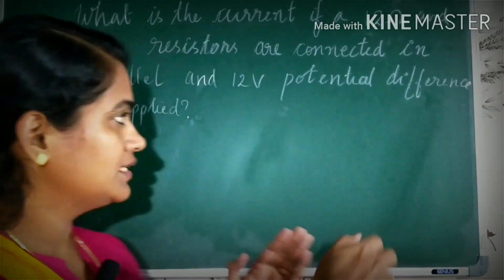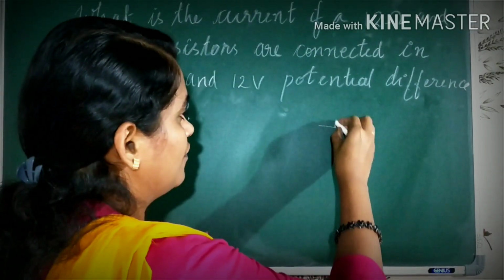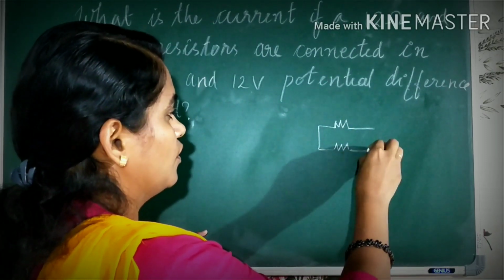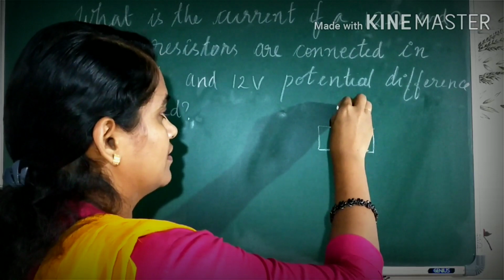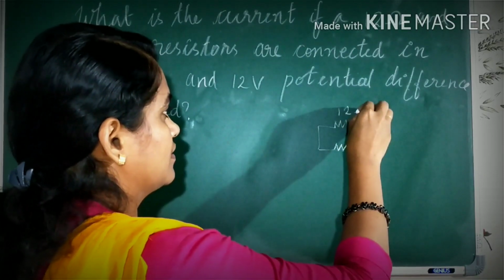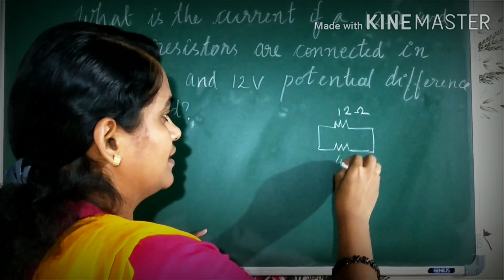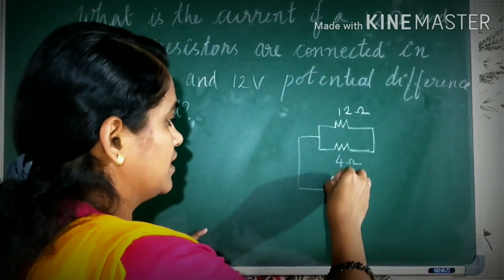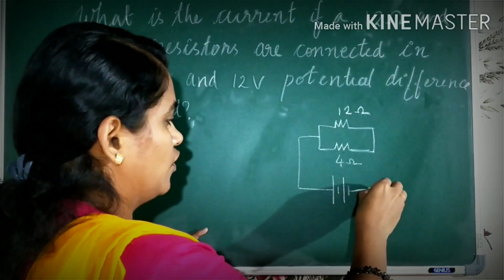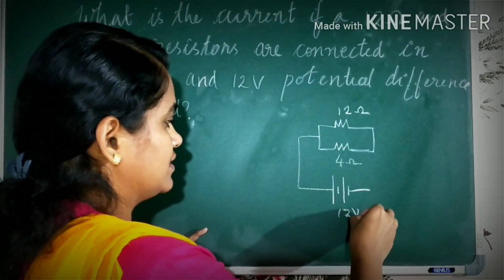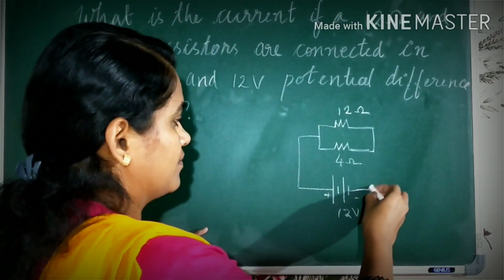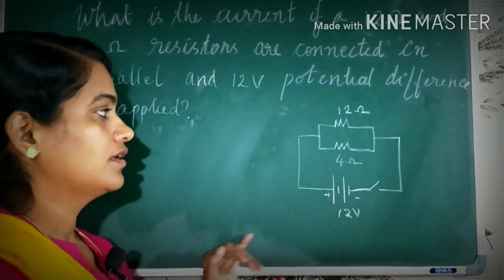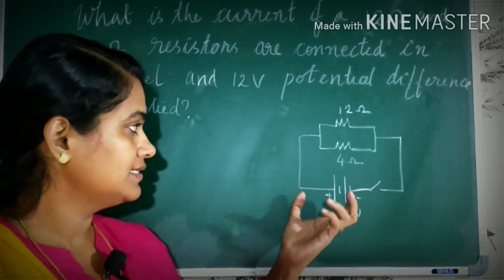So let's draw the circuit. A 12 ohm and a 4 ohm resistor connected in parallel, with a 12 volt potential difference applied. The circuit will be like this.